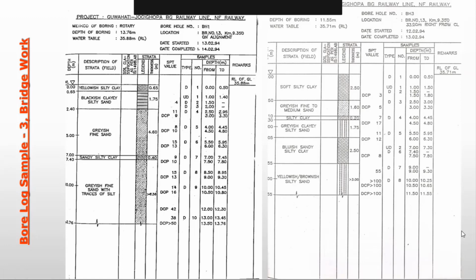Now DCP is a direct one, the dynamic cone penetration test. It is penetrating throughout the length. So you will get the value at any location wherever you want. But wherever you want a location, you have to take a 300 mm slice, and every slice will be of 100 mm.